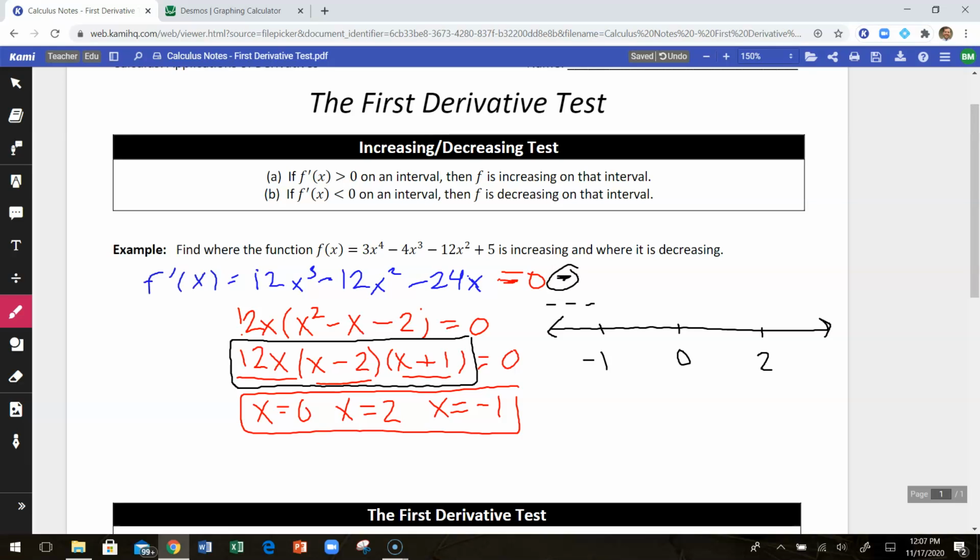Okay, so it's going to be negative there. If I plug in a number between negative 1 and 0, like negative 1/2, the 12x would give me negative. Negative 1/2 minus 2, that's still negative. Negative 1/2 plus 1 is now positive. And a negative times a negative times a positive is a positive value.